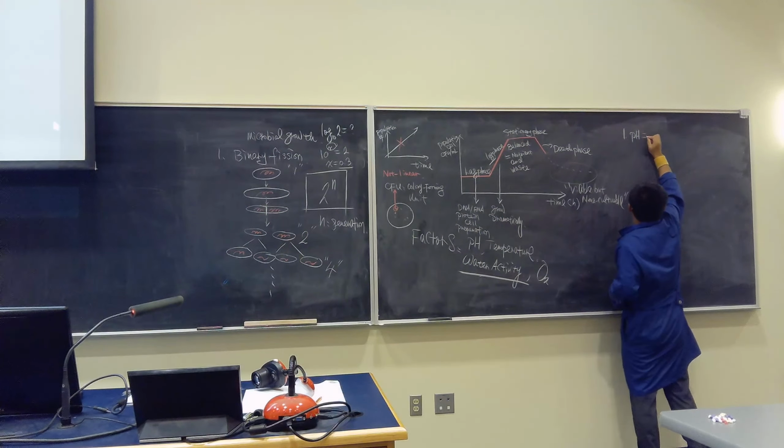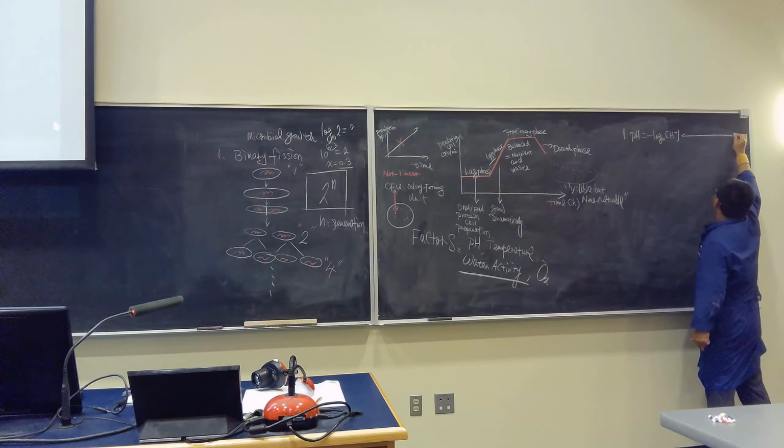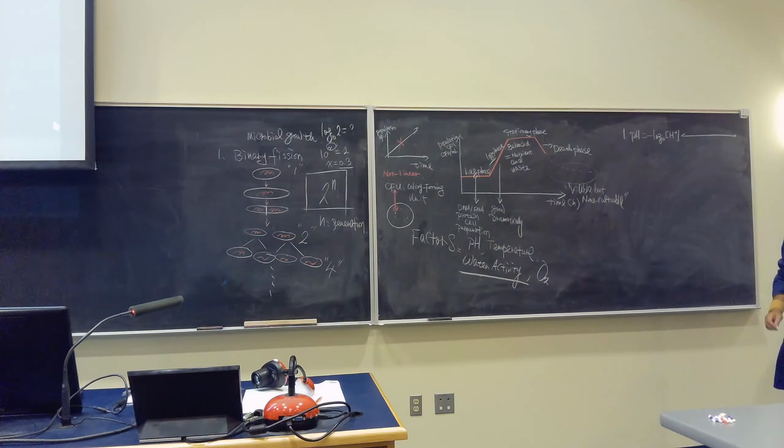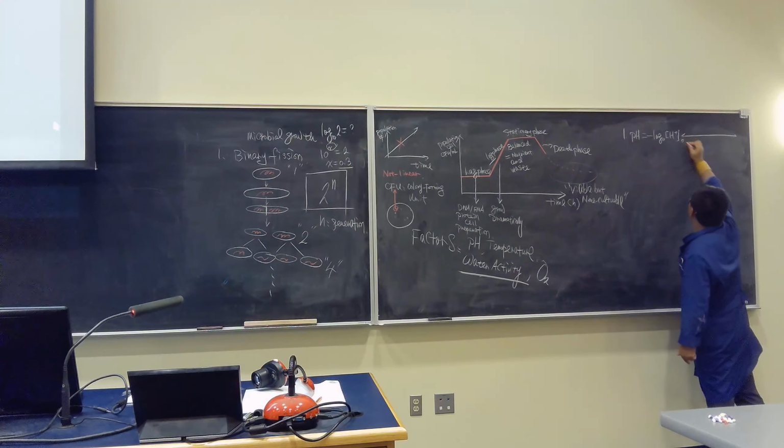Because we add a minus there, it becomes a positive number, otherwise it's a negative number. It means how acid it is, how many hydrogen ions, expressed on a log base. What's the range? 0 to 14. Right in the middle is 7.